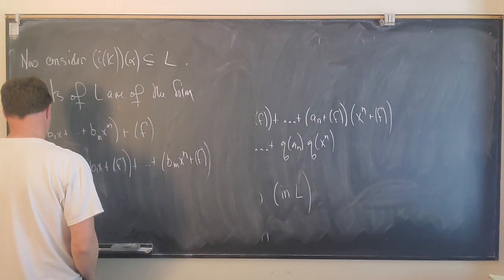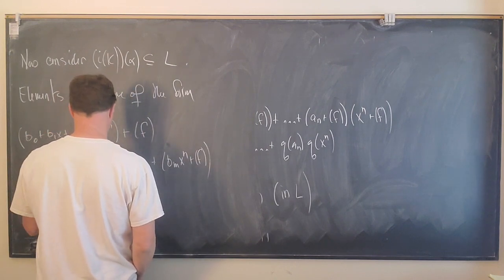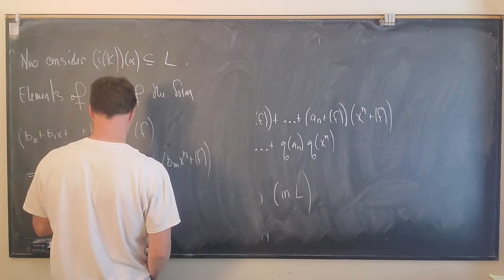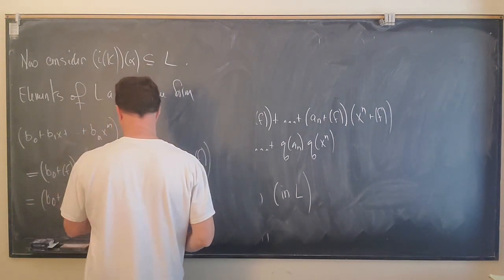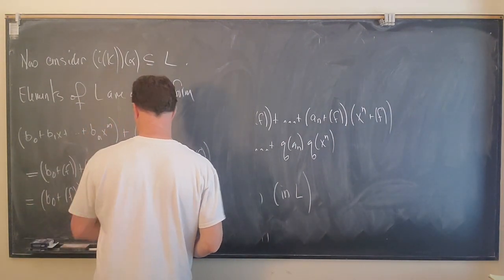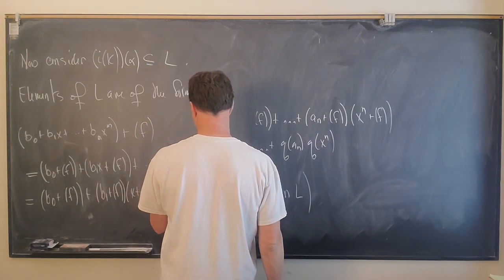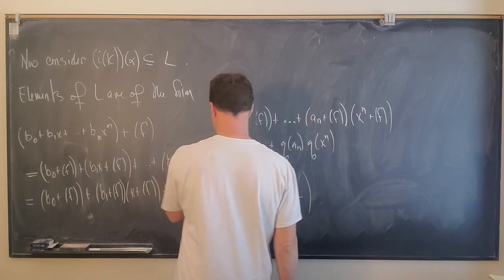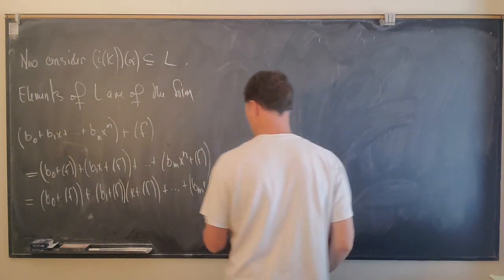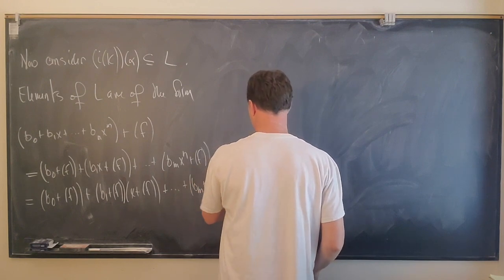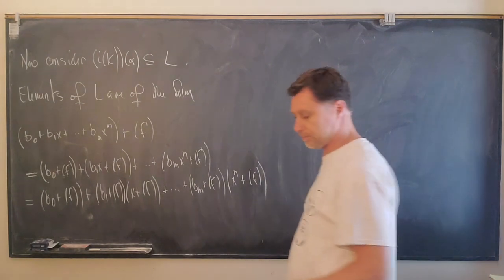So this is B0 plus the ideal generated by F, plus B1 plus the ideal generated by F, just using what it means to multiply cosets, times x plus the ideal generated by F, plus blah, blah, blah, plus Bm plus the ideal generated by F times x to the n plus the ideal generated by F.